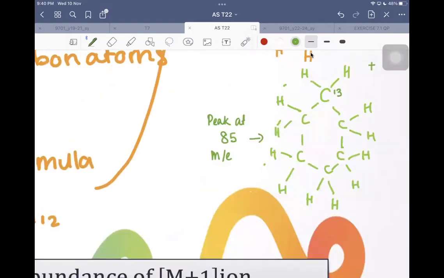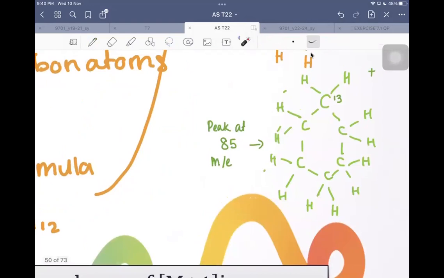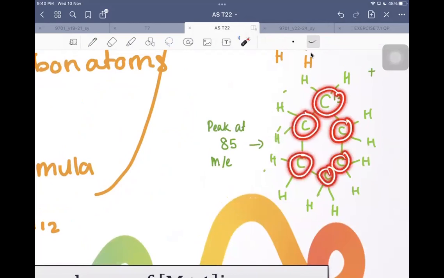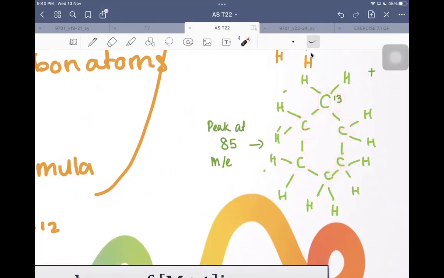Okay, how do I know that? Let's count. I've got 13 carbon plus 12 plus 12 plus 12 plus 12 and another 12. So that means 5 of my carbons are carbon 12. 5 times 12 is 60, plus carbon 13 is 73, plus 12 hydrogen because there's no difference.